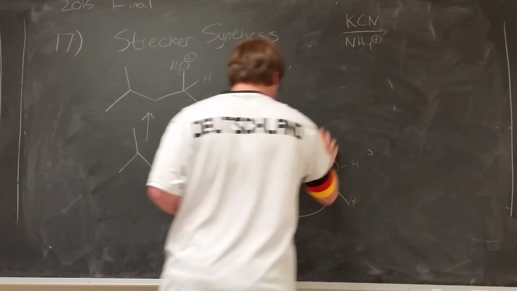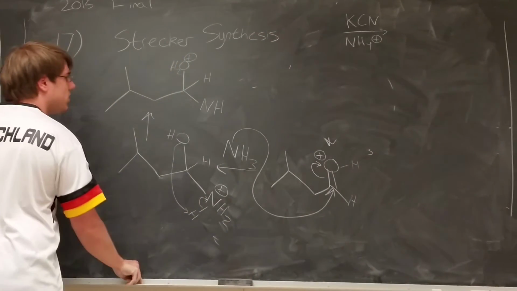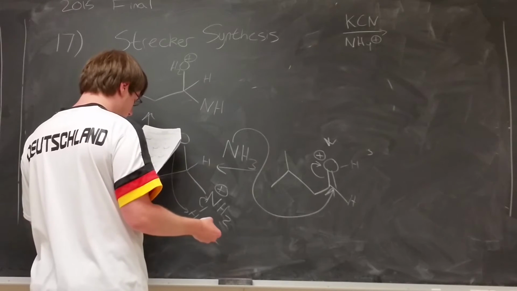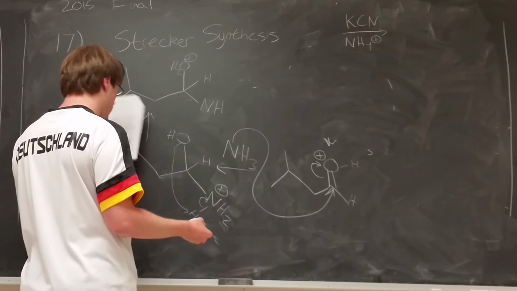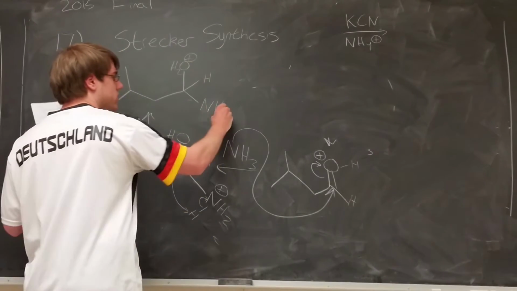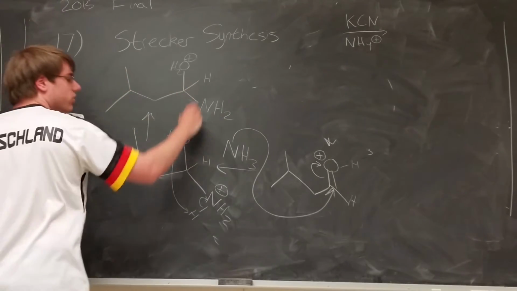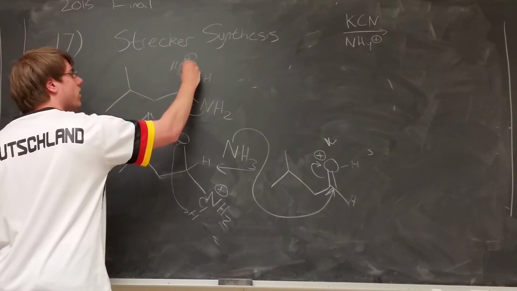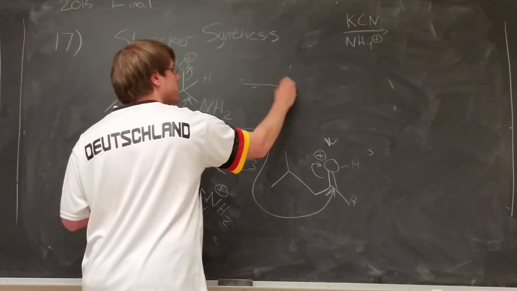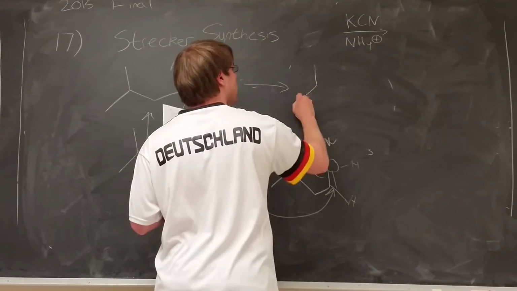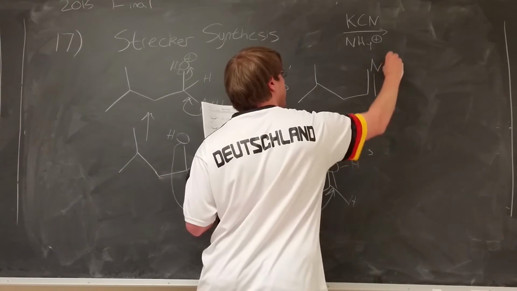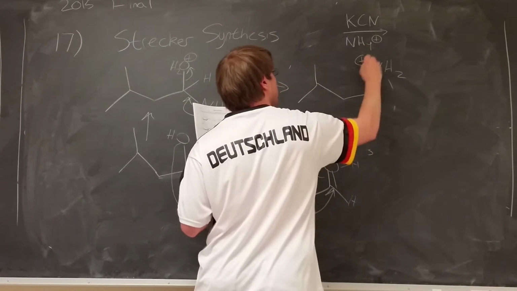Now the next step, like I said, this is an imine reaction, meaning you're going to form a carbon-nitrogen double bond. So this is NH2, and now that nitrogen is neutral, and this nitrogen will swing down and kick out the water. And as a result of that, you will get the carbon-nitrogen double bond NH2 positive.